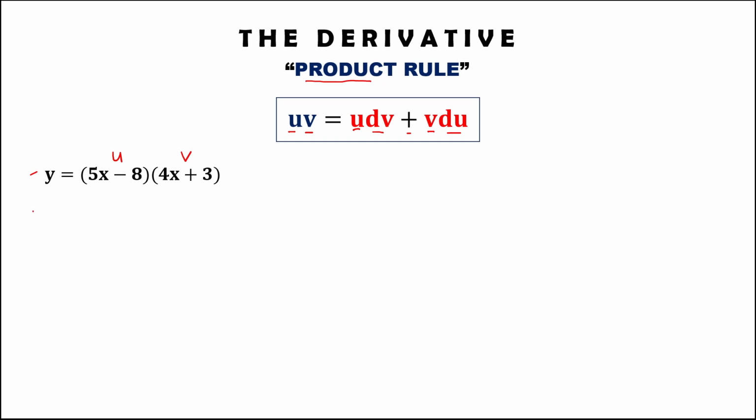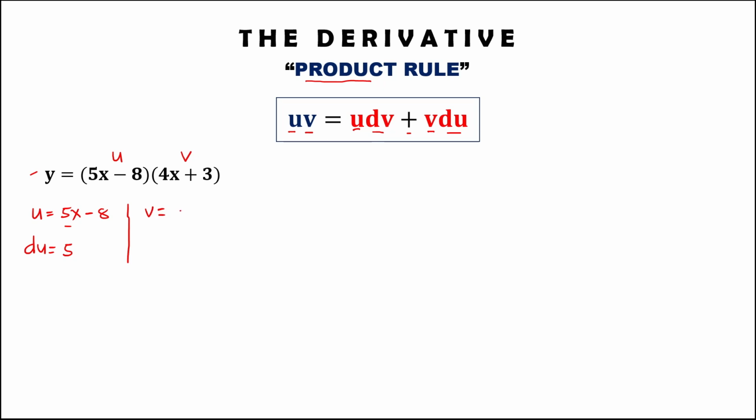From this given, u equals 5x minus 8. Then du, the derivative of u: the derivative of 5x is 5, and the derivative of a constant is 0, so du is equal to 5.